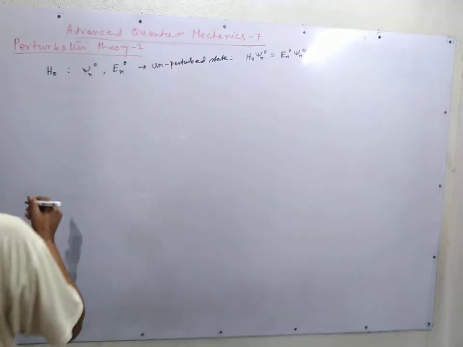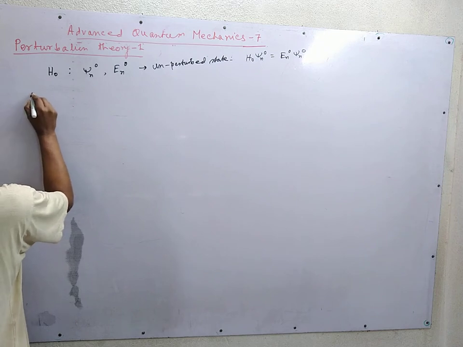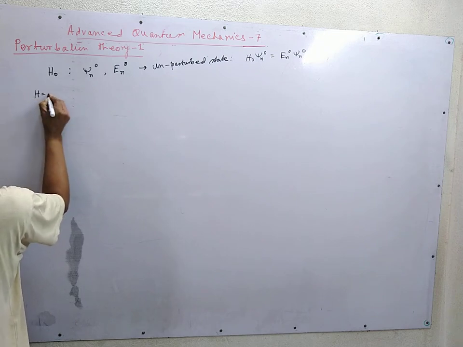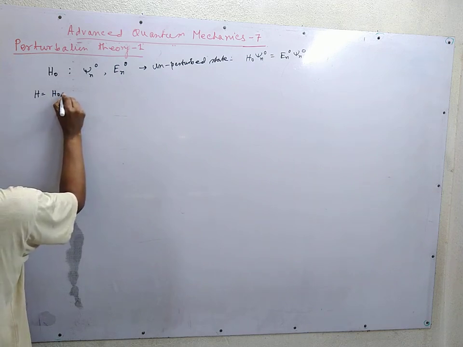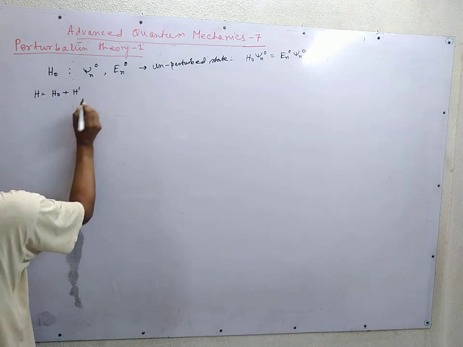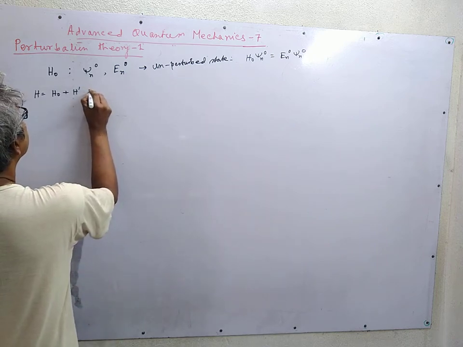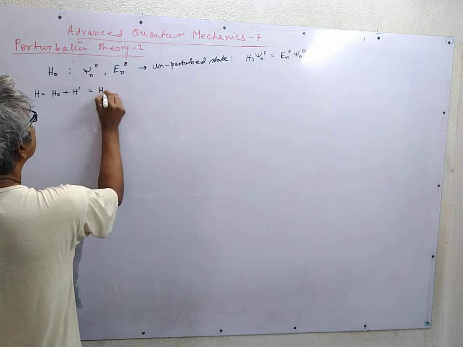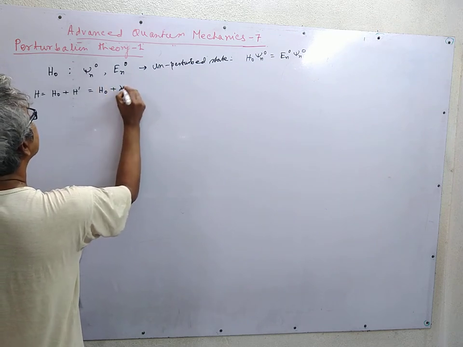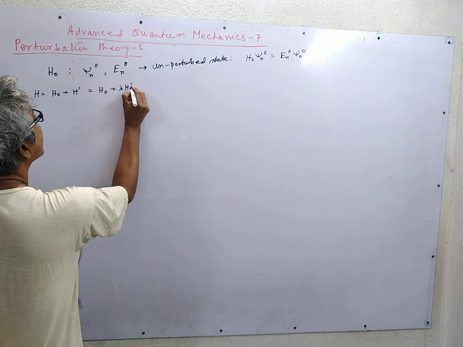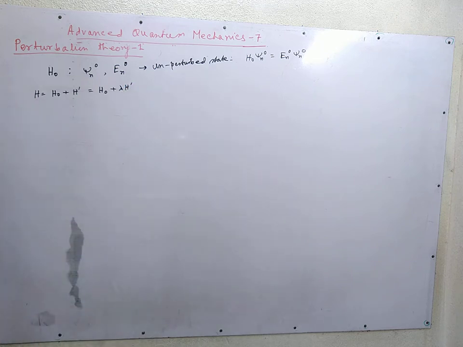Now, with the switching on of the perturbation, the Hamiltonian becomes H0 plus H prime, and the wave function also changes. We expand this in a power series of a quantity lambda, so this is the changed Hamiltonian.